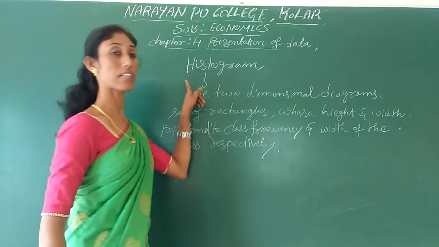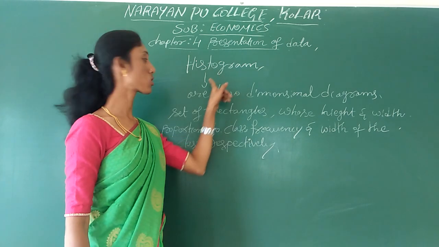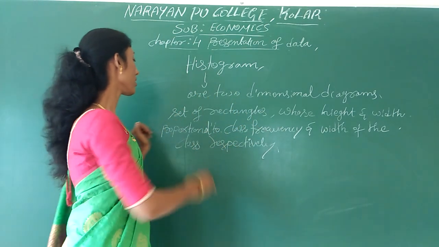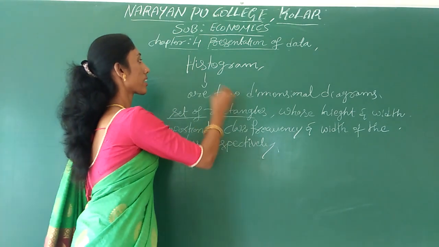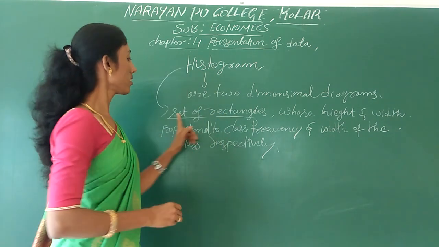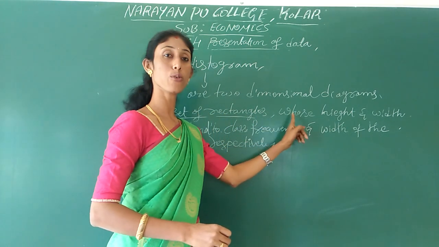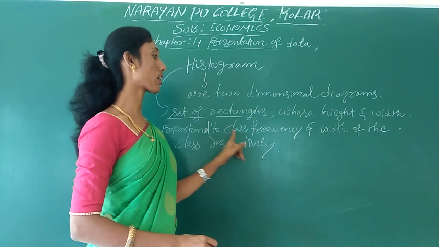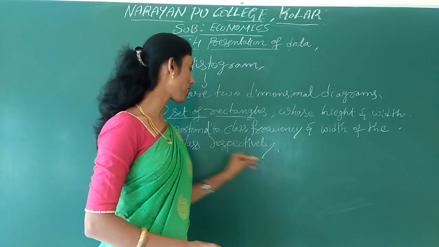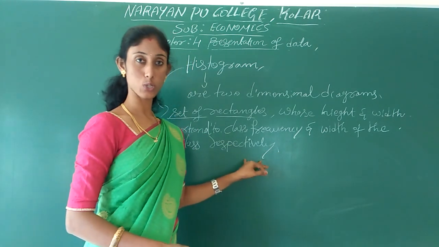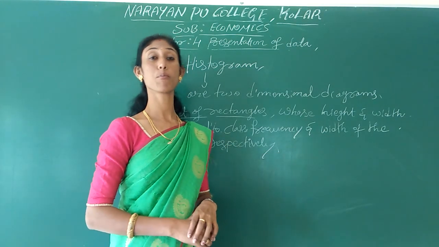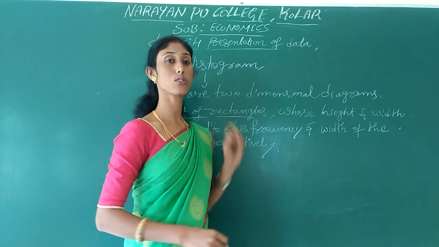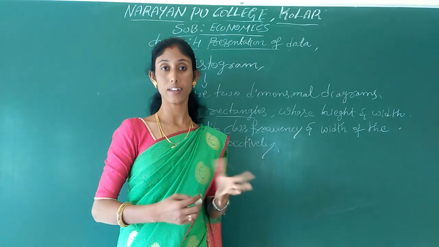This is what histograms are. Histograms are two-dimensional diagrams, and they are a set of rectangles whose height and width are proportional to the class frequency and the width of the class respectively. And there are mainly three features we need to understand before going to the construction of histograms.